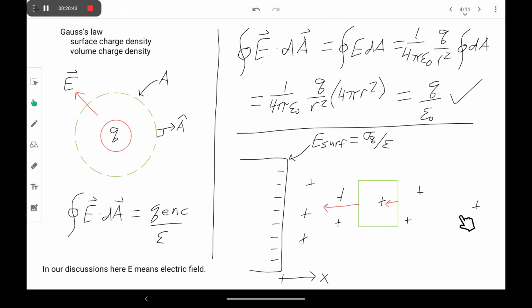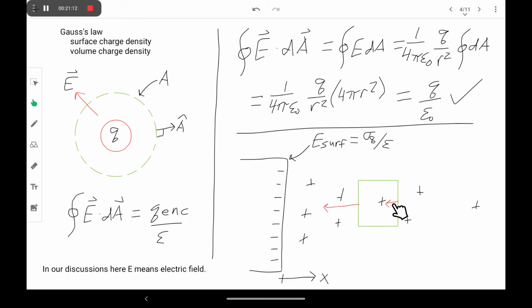distance x. Okay, the first thing we do know is that charges are going to be pulled to this. Okay, and so there's charges that are in between here and here, and so this face, it feels this negative charge, and there is a net electric field inward because some of these charges are out here which push against it, whereas there's not enough positive charges here to totally compensate for this because of these ones.